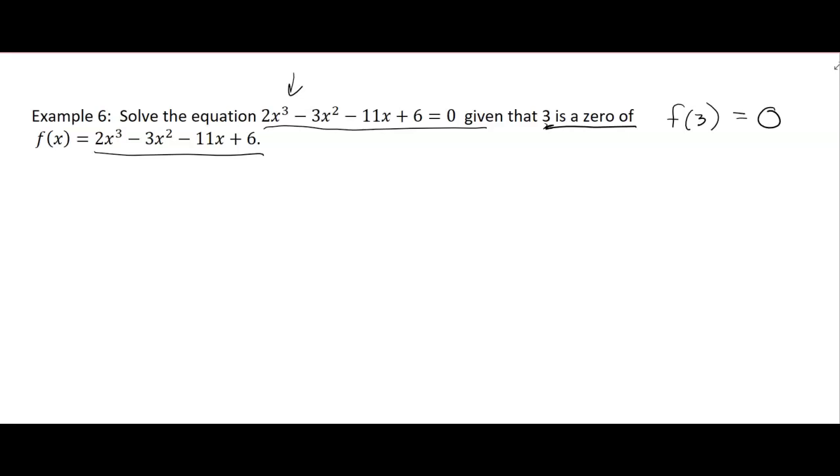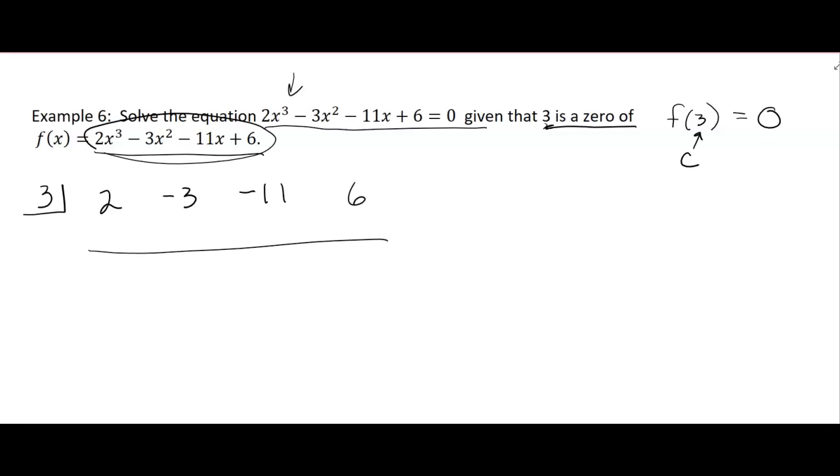So if I synthetically divide, 3 is my c, and I use those coefficients. There are no missing terms, so 2, -3, -11, 6. I should be able to divide this and know that the remainder is going to be 0.